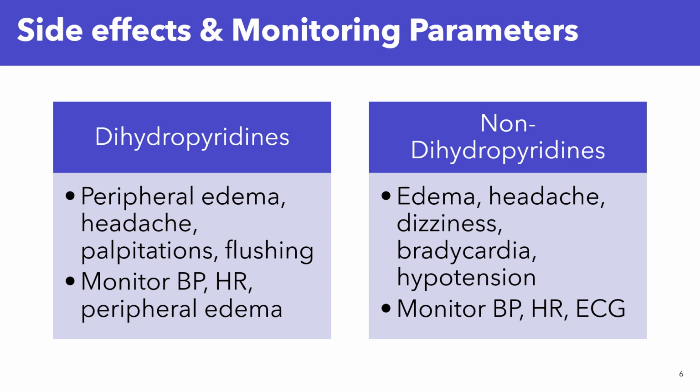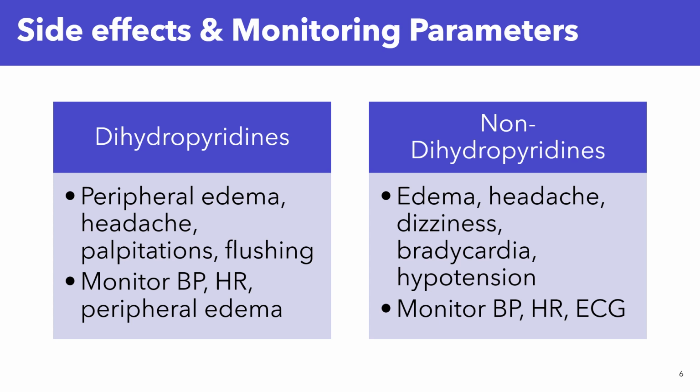What are some of the common side effects of calcium channel blockers that we need to be aware of? And what do we need to monitor when taking calcium channel blockers? For dihydropyridine calcium channel blockers, those are your amlodipine, nifedipine, side effects include peripheral edema, headache, palpitations, flushing, and monitor blood pressure, heart rate, and monitor for peripheral edema.